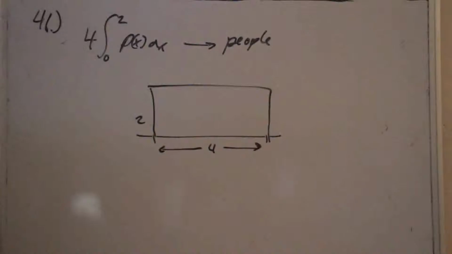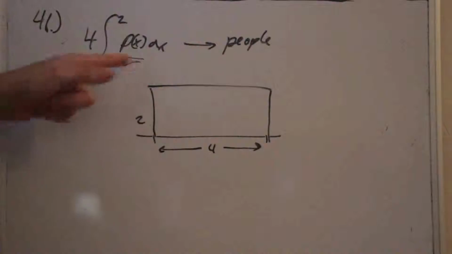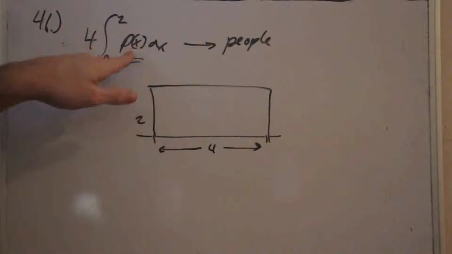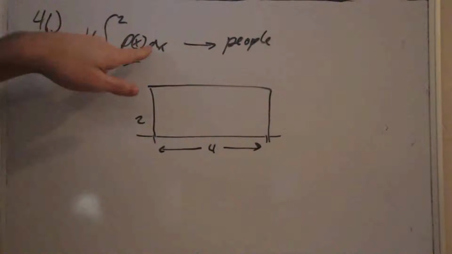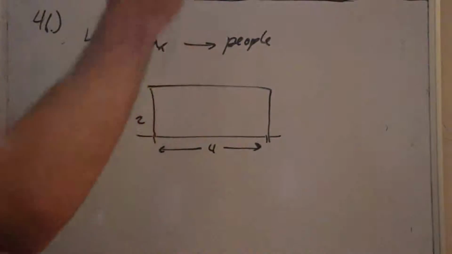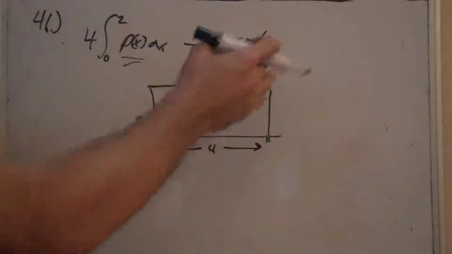What are the units of p of x? They want to know what are the units of p of x. Well, according to everything that I know, unless I'm horribly mistaken, if this integral gives me people, then the units of p of x multiplied by the units of dx have to equal people. The units of p of x multiplied by the units of x would give me people.